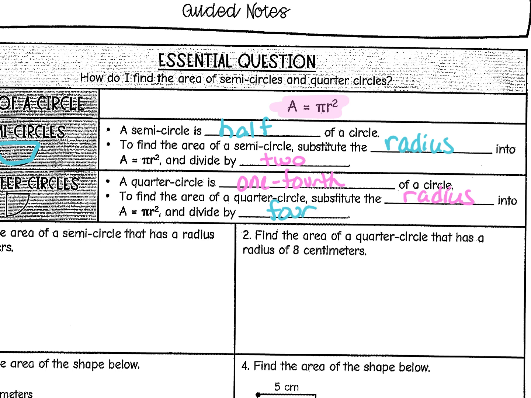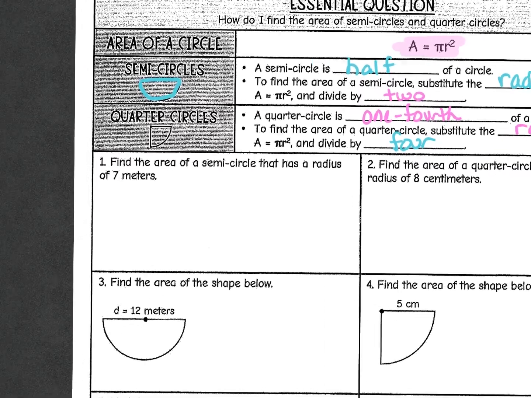So it's really finding the area of the circle and then dividing by the part that you want. It's just like taking a pizza or a cookie or a pie and cutting it up into that amount. Whether it's a semicircle, half, sharing it with someone, or 1/4, sharing it with 4 people.